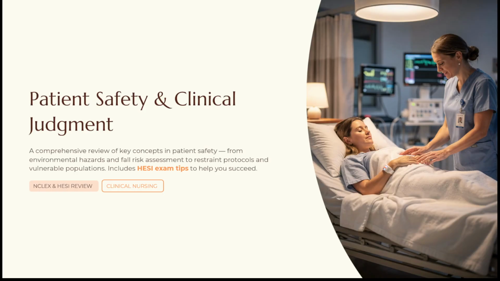As we go through this section, focus on identifying risk factors, least restrictive interventions, patient-centered care, and safety priorities. Remember, on HESI, the correct answer is usually the one that best protects patient safety while still respecting patient dignity and autonomy.